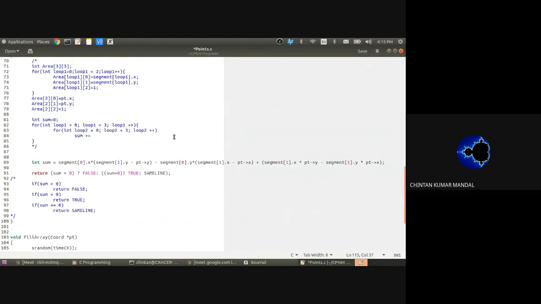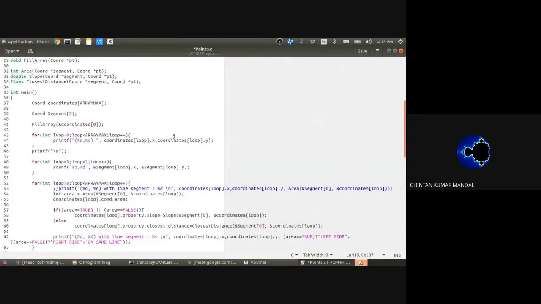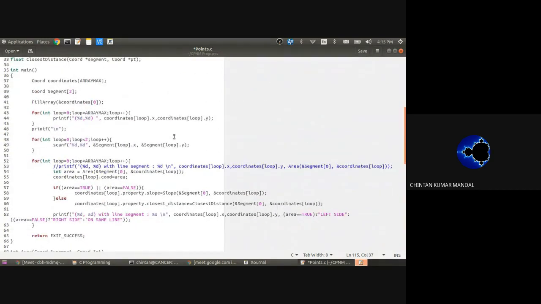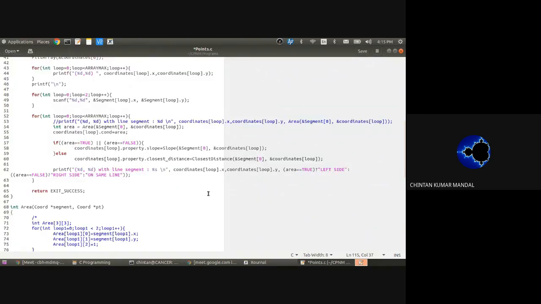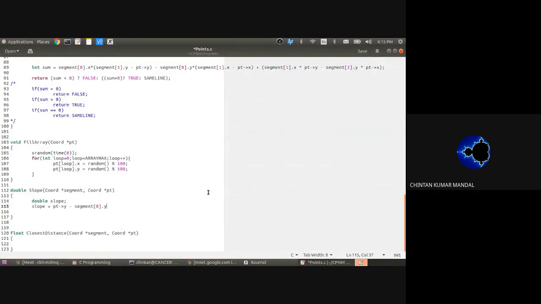This can work. So for example, I'm not going to pass this thing, so maybe I'll pass only segment 0. If I give segment 0, then it's fine. The whole thing in brackets, divided by pt arrow dot x minus segment 0 dot x.